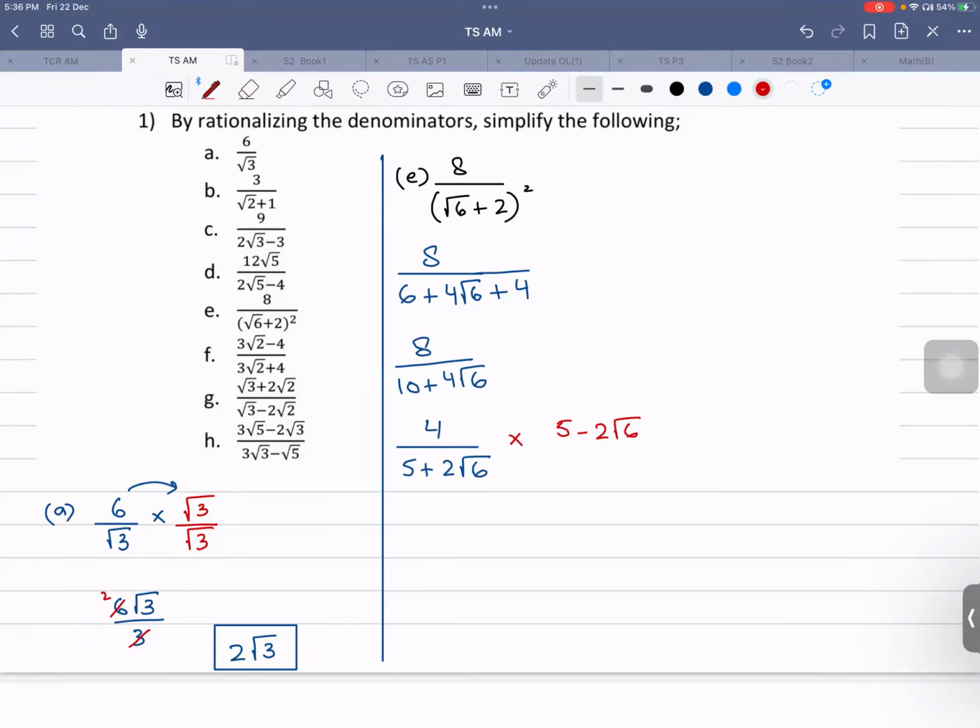5 minus 2 square root 6 upon 5 minus 2 square root 6. Let's make brackets so that we do not make a mistake. The denominator is always going to be a square minus b square, always.